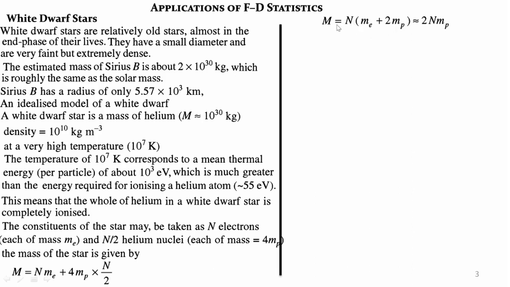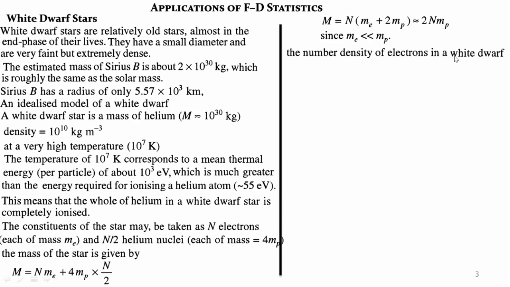Just take common outside, and simplify. This 2 has cancelled, so we don't even need to take LCM, right? So this will be N into me plus 2 mp. But since we know that the mass of electron is very, very less in comparison to the mass of the proton, therefore inside the bracket, this mass of electron term can be neglected. We can simply write down M is equal to this thing, right?